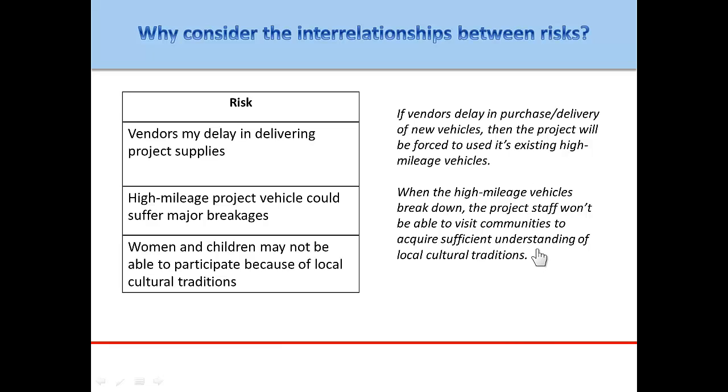Another is when the high mileage vehicles break down, the project staff won't be able to visit communities to acquire sufficient understanding of local cultural traditions. That's an example of all 3 risks interacting that could potentially, in its worst case scenario, even kill the project.